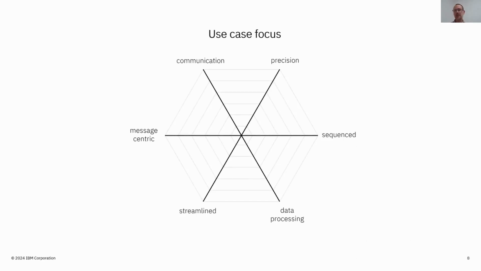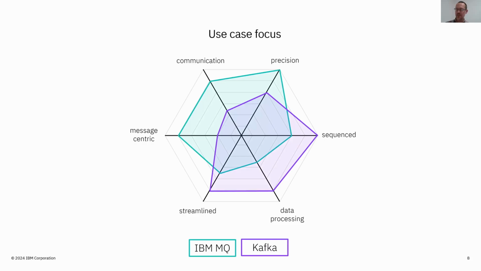So if we focus on use cases here, we've got three different aspects: communication versus data processing, sequence versus message-centric, and precision versus streamlined. I'm going to draw up where MQ's best fit is versus where Kafka is. And there's always a bit of variation in exactly where you'd put these points, but this is trying to be relatively fair. So definitely MQ is focused on high precision, every message counts.